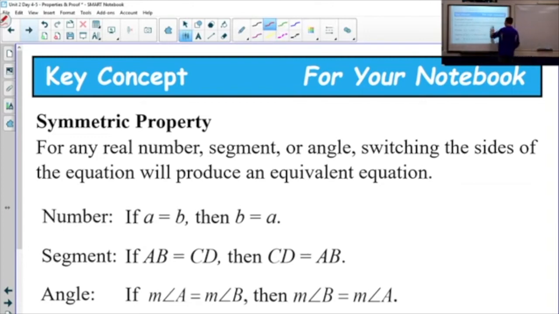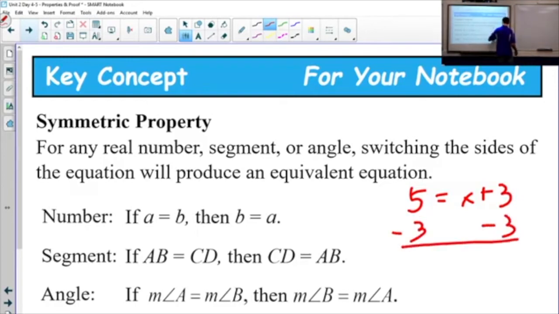If I give you the equation 5 equals x plus 3, we're going to subtract 3 from both sides, but what a lot of you do when you get down to the answer is that sometimes we don't like this 2 written first. We usually like x equals, and so we just write it as x equals 2 without even thinking about it. This step is the symmetric property. The symmetric property is what lets me switch that order, and it's still true.